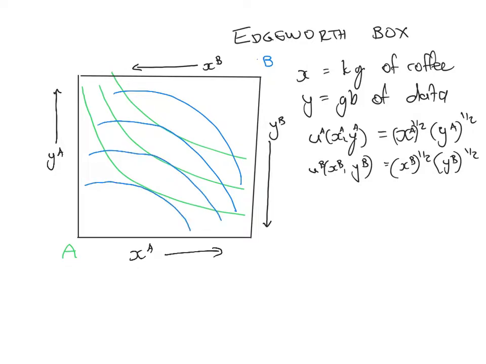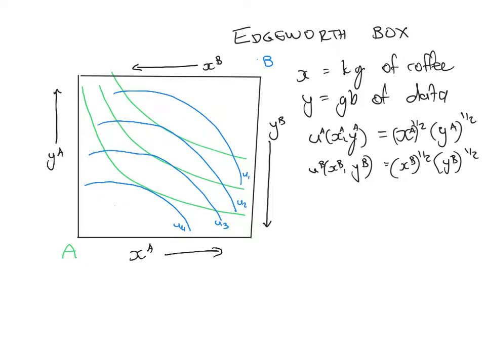Here I've drawn 4 indifference curves for Bongani. And what we can see is that Bongani's utility is increasing as we move from the top northeast corner down to the southwest corner. He's going from U1 to U2 to U3 to U4. He is getting more utility as he moves from northeast to southwest.